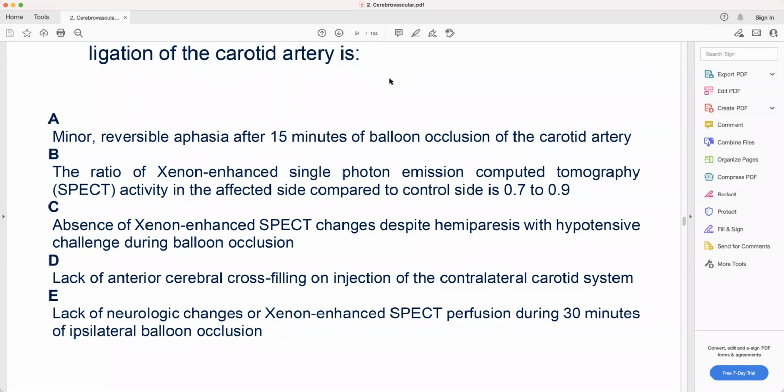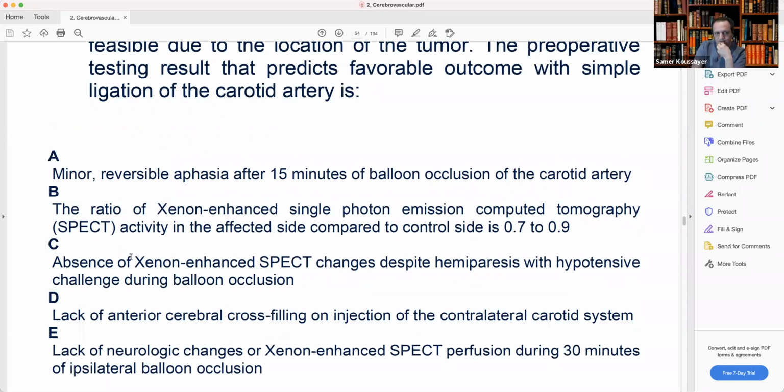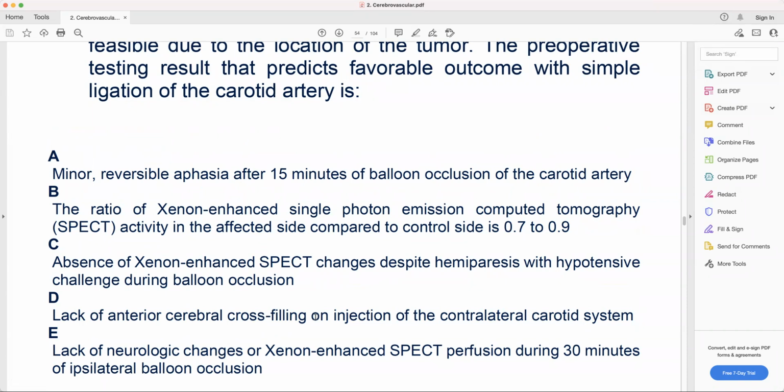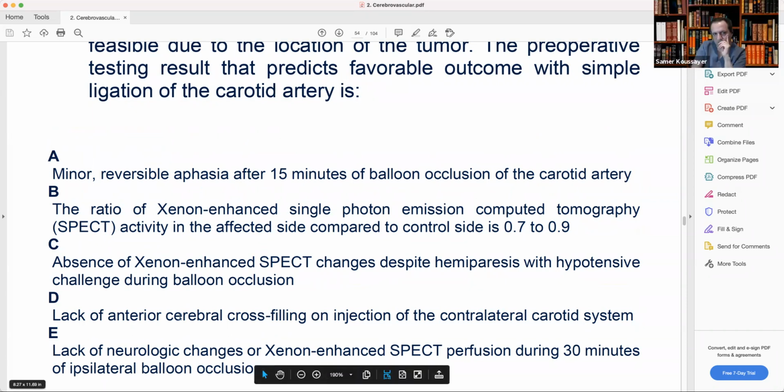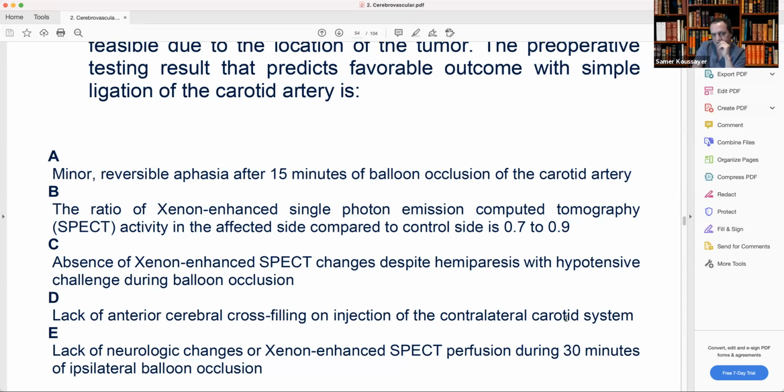It's a good sign, because you get flow from the other side. So if you don't see the cross-filling, this is a bad sign. Lack of cross-filling means you inject and you don't see cross, so it's not favorable.